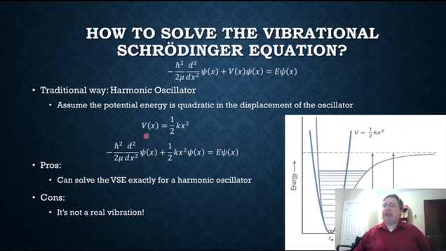The big downside, however, is that it does not correspond to a real vibration. On the right side here, we have a diagram of the potential energy of a typical diatomic molecule. The thick line here corresponds to the harmonic approximation of a quadratic potential energy. The thin line here refers to a potential energy that more closely resembles a real diatomic molecule.